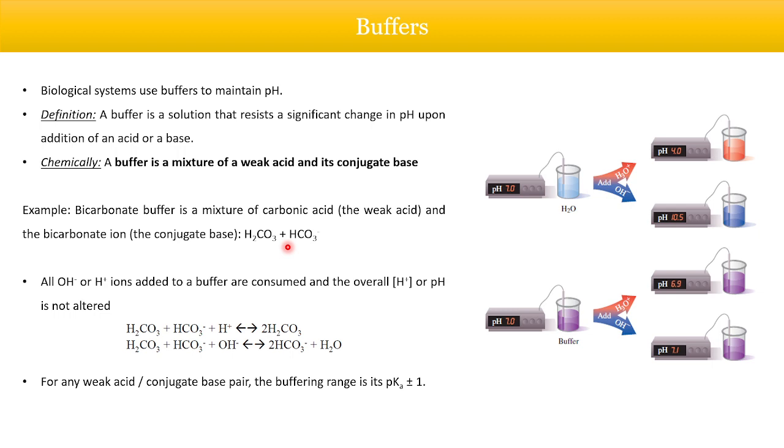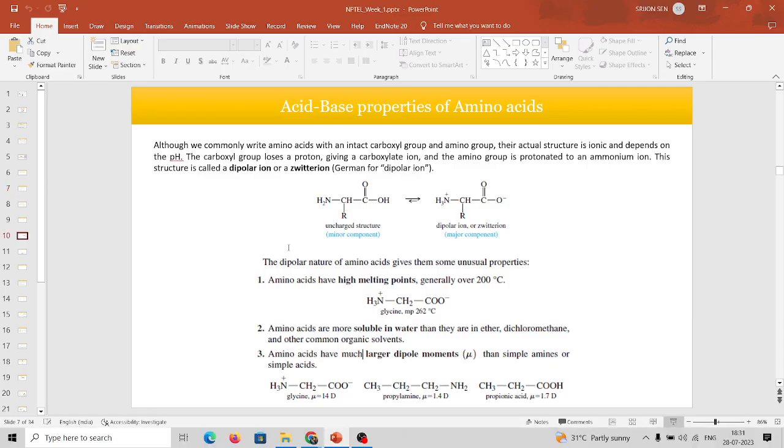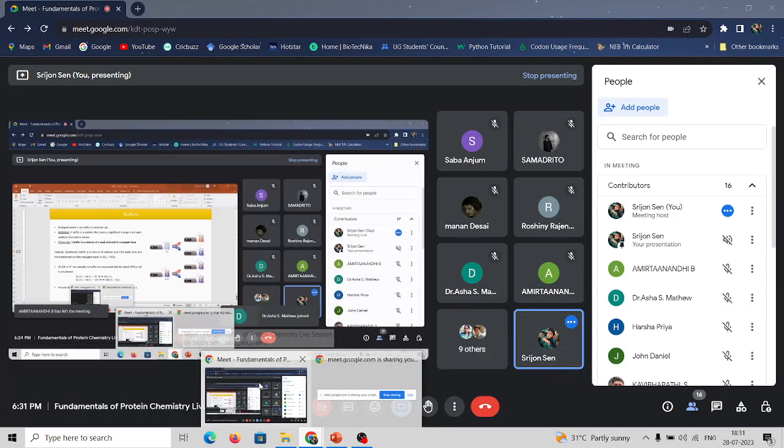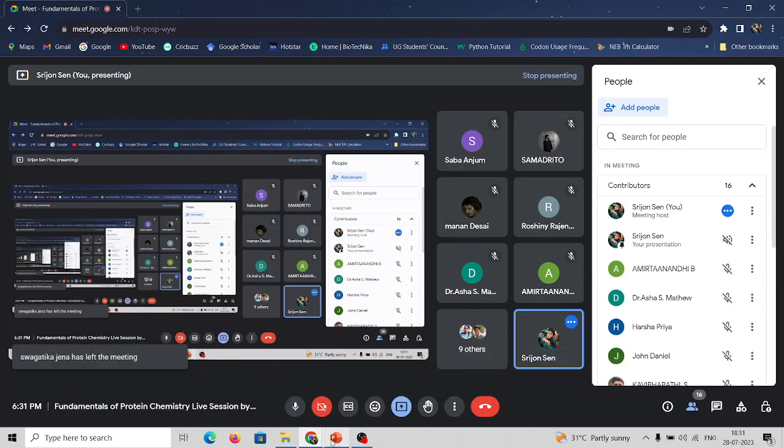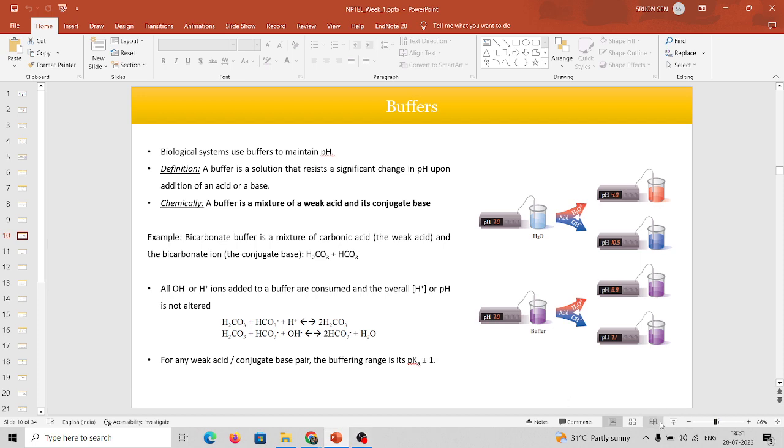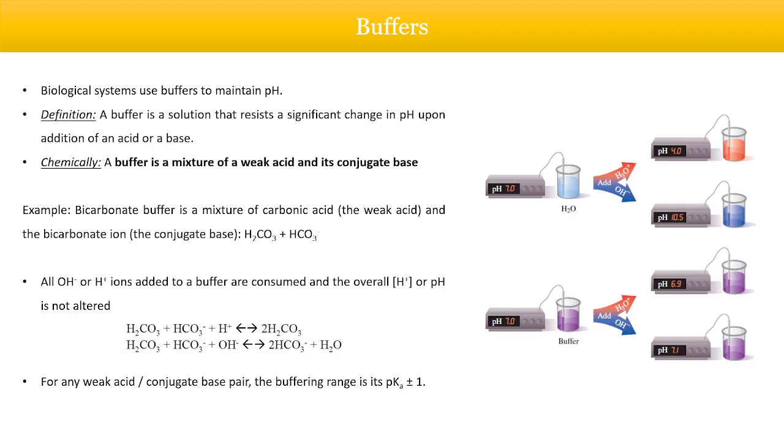For biological samples, we do not give a very high acidic or basic condition. Rather, we mostly keep these specimens in buffer conditions, say between 5 to 8 or 6 to 9, in this buffering range.